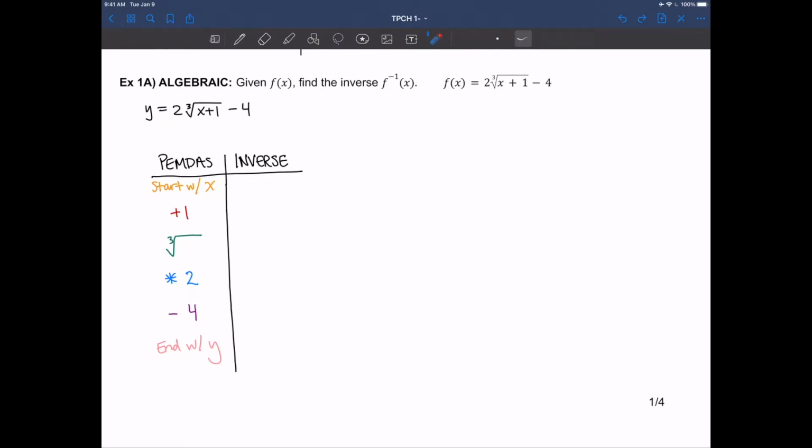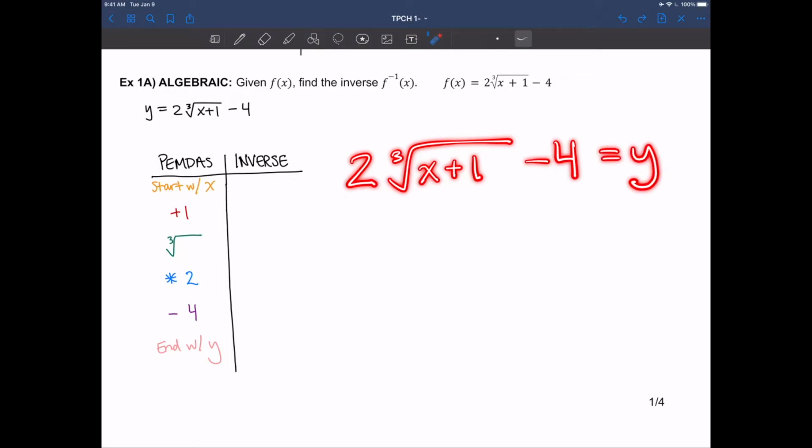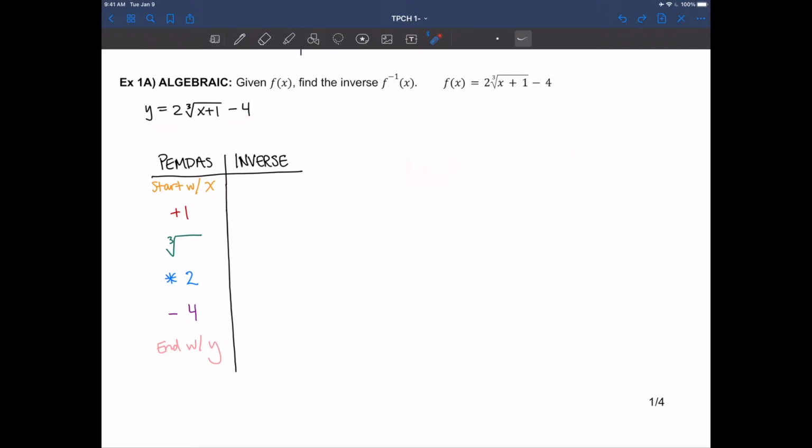So if I'm showing you in order how this works, we start with x, add 1, take the cube root of that, multiply by 2, subtract 4, end with y, right? Notice how what I just have in this column is the exact same equation up here. Okay, that is what this part is saying.